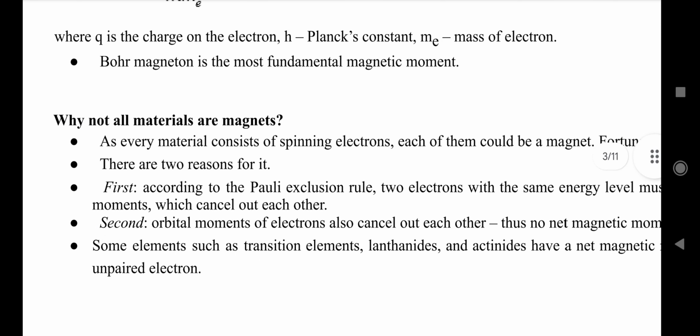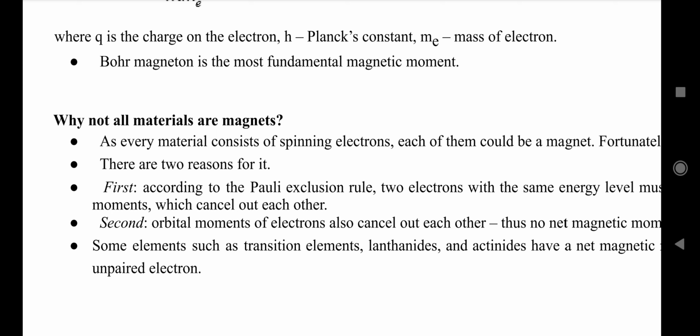So what do you think, are all materials magnets? As per our previous argument, every electron having a planetary motion around the nucleus keeps on moving and has a magnetic moment.